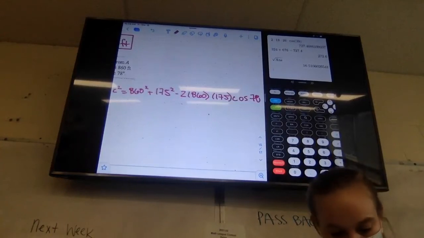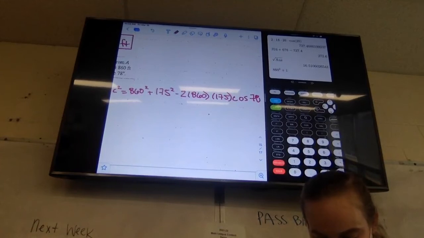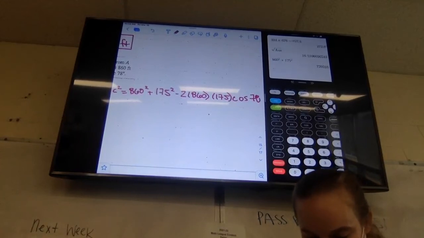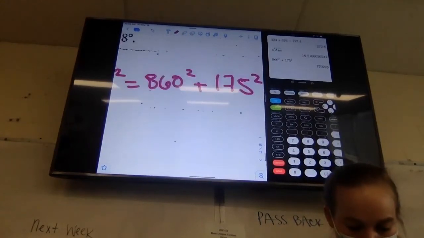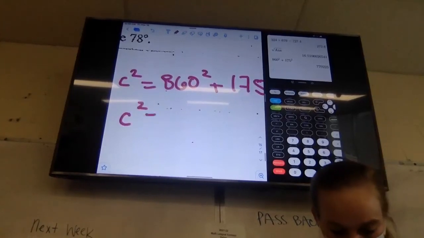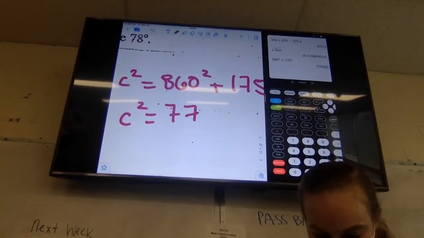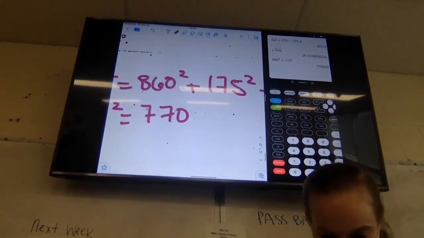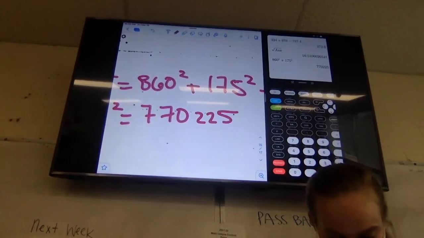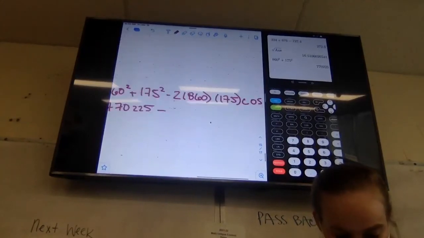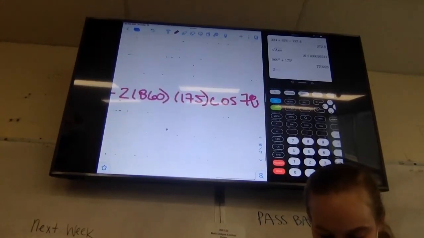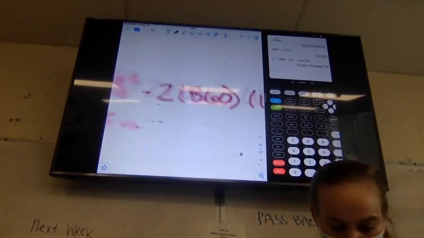Ooh, these are going to be big numbers. Okay. I'm going to do those two together. So 860 squared plus 175 squared is 770,225. And then I'm going to do 2 times 860 times 175 times cosine of 78. And I get negative.